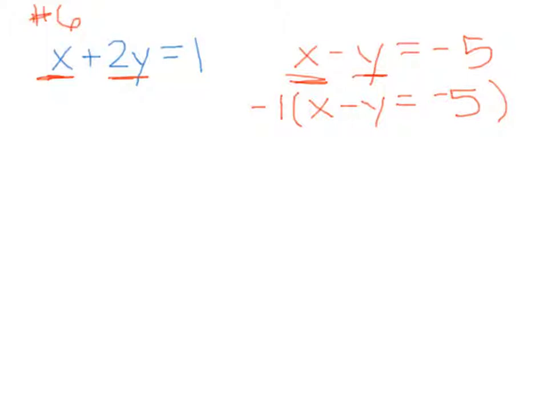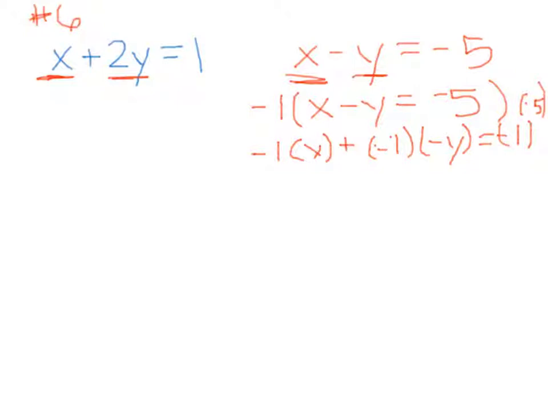So when I do that, I get negative 1 times x, plus negative 1 times negative y is equal to, the same thing as last time, negative 1 times negative 5. There it is, it's like way up there.